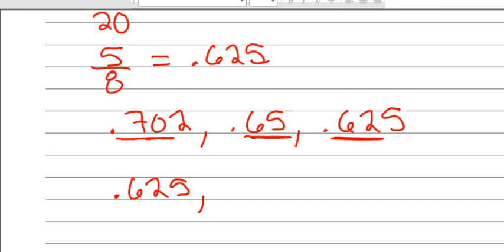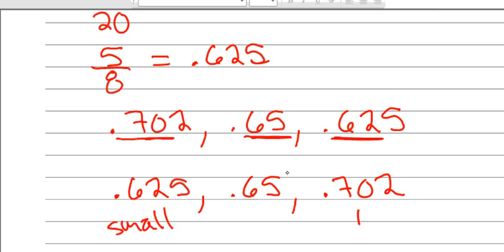What would be next? 0.65, and then the biggest is 0.702. So again, I'm just putting these in order. I'm changing them from fraction to decimal, which you can do with long division. You can check it on your calculator. That's always nice.